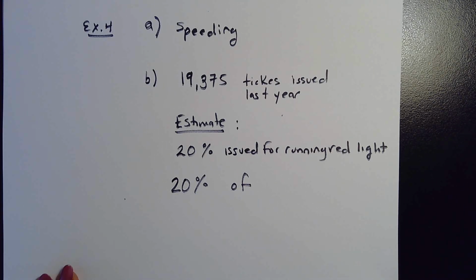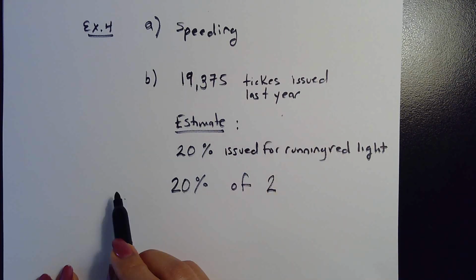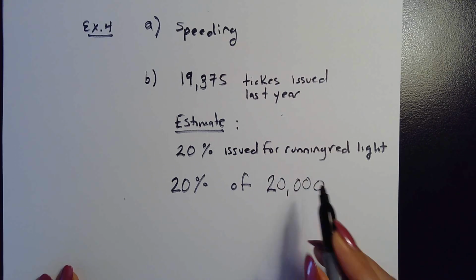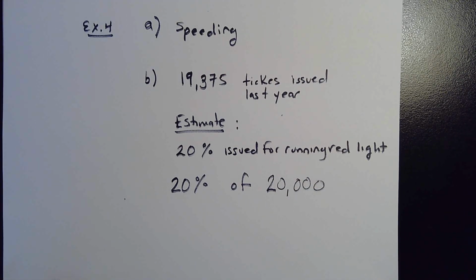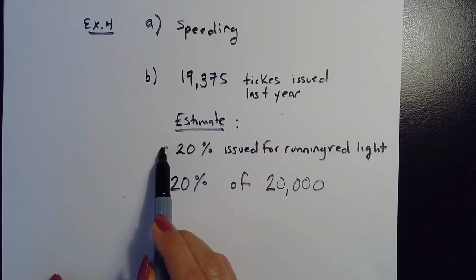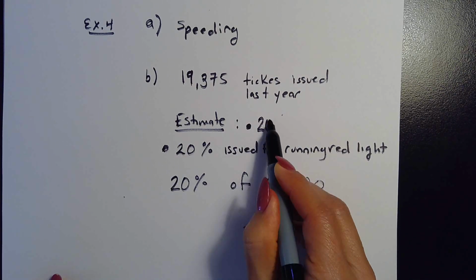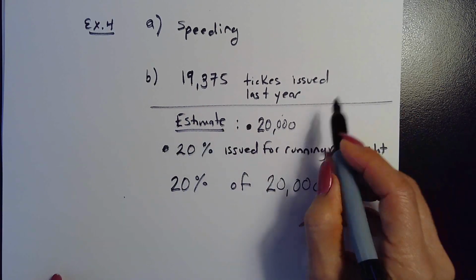19,375. Well, let's estimate that 20% were issued for running a red light, and let's also estimate that 20,000 were issued in total, because we're estimating. So we can estimate that 20% were issued for running a red light, and we can estimate 20,000 tickets in total.